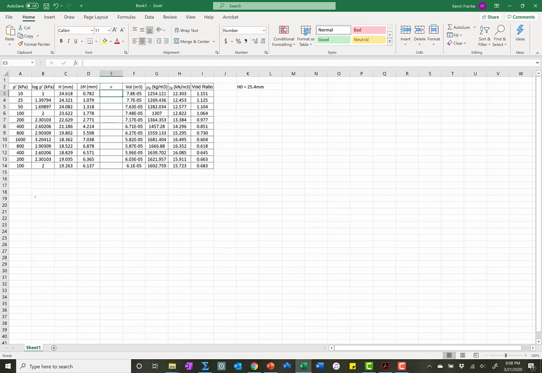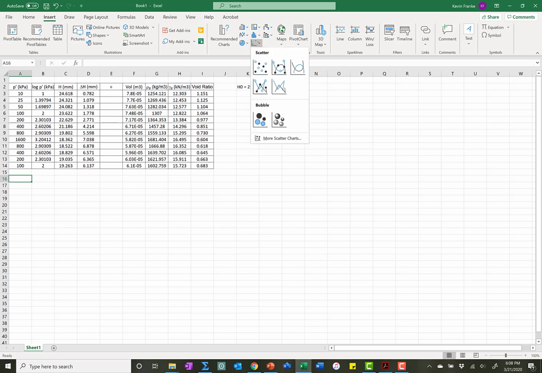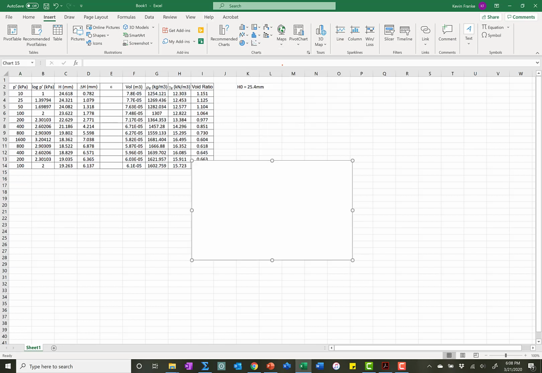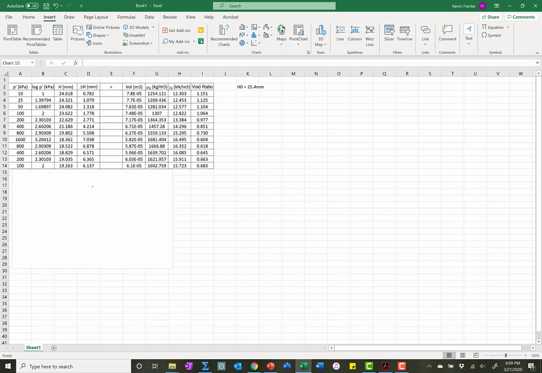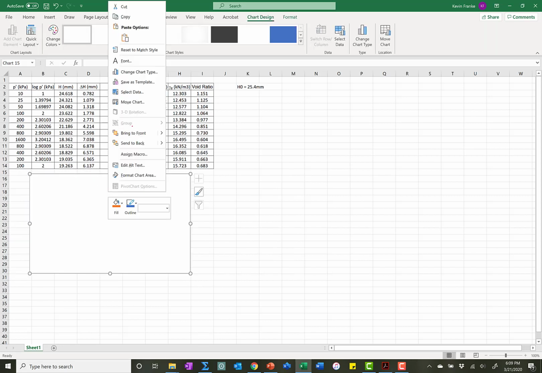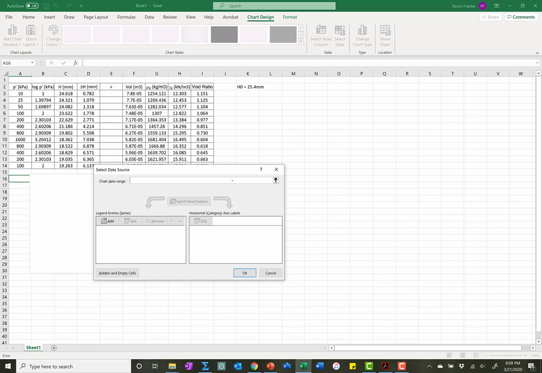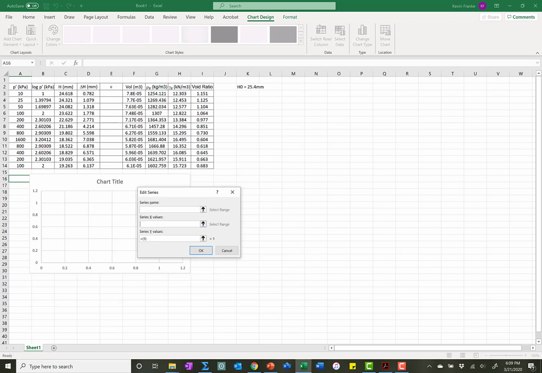If you were interested in seeing it, I could plot the traditional consolidation curve. Let's select our data. For our x values, let's do P, but we're just going to plot it on a log scale.